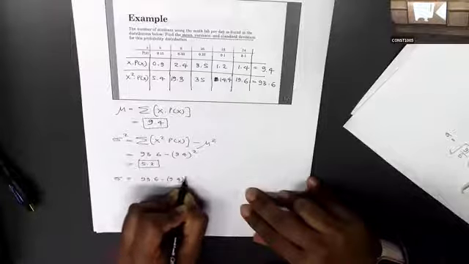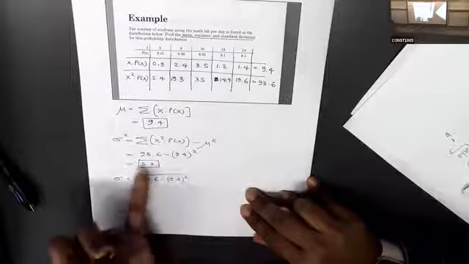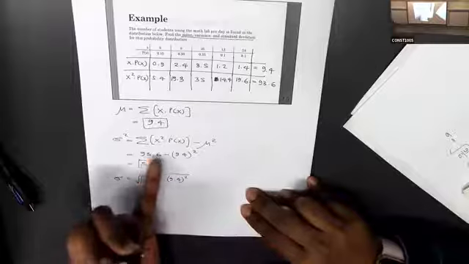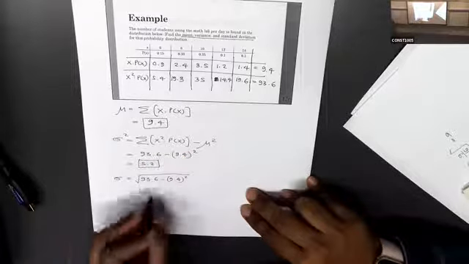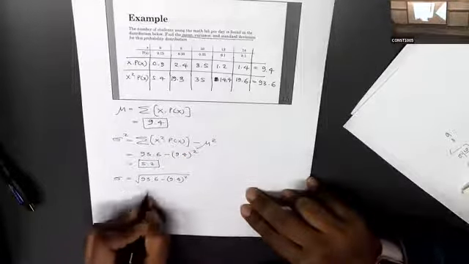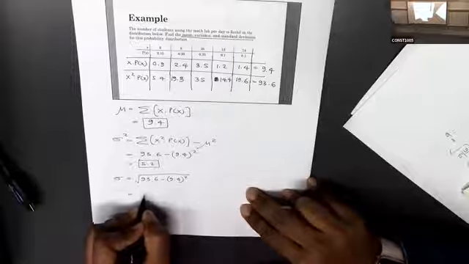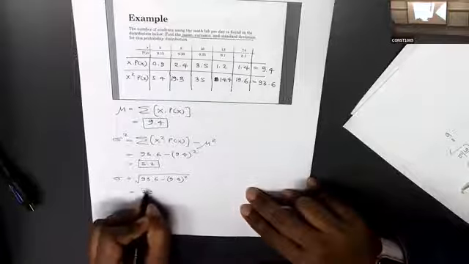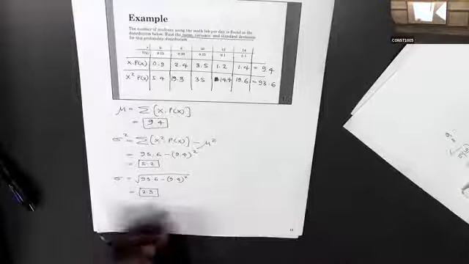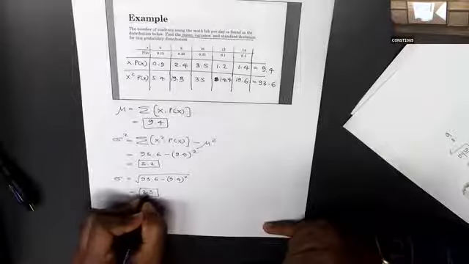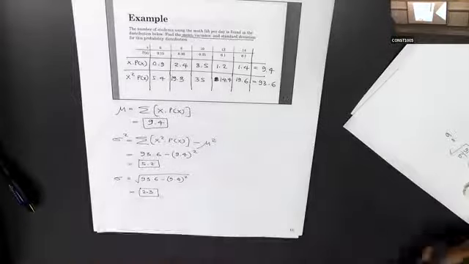Then the last one. Don't take the last final answer. Take the before one, the before line. Take the square root. Check what is the answer. Yes, thank you. 2.3. It's correct.